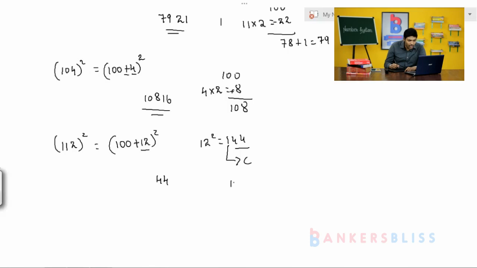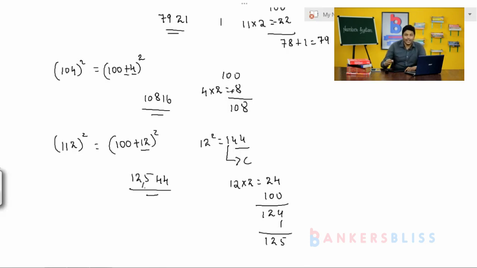Next, 12 into 2 is 24. This 24 has to be added to 100, so 124. But 1 was the carryover, you add 1 and get 125. So the answer is 12,544. Very simple to calculate.